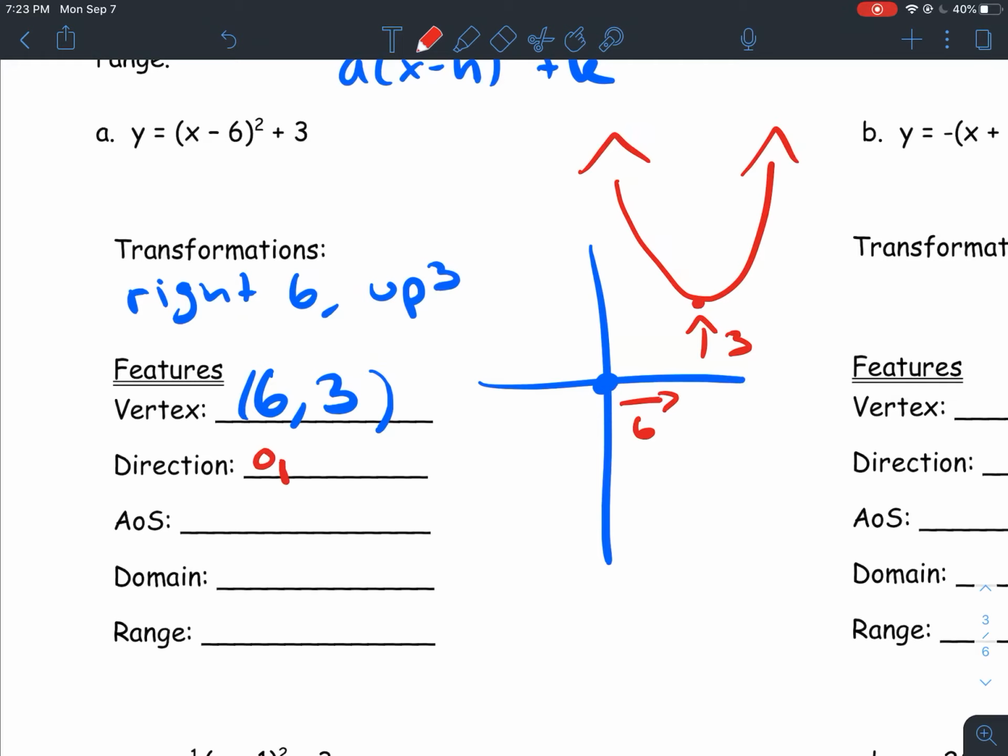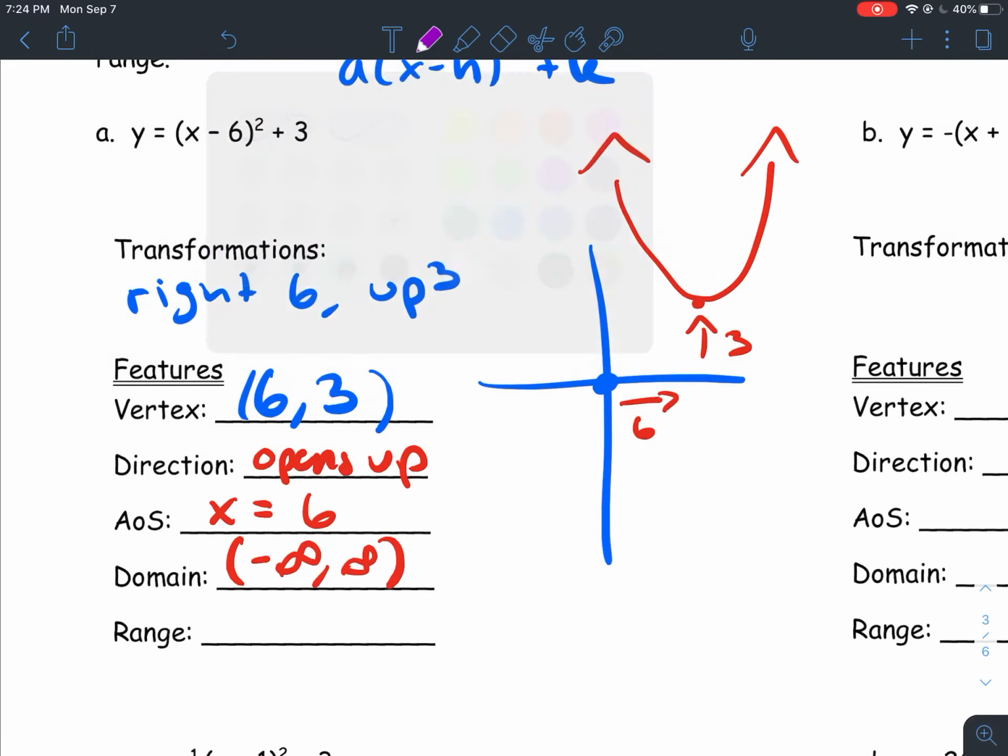All right, now they want to know what direction it opens. Well, it opens up. Then they ask for the axis of symmetry. So to reiterate, the axis of symmetry is always x equals, and then the x value of your vertex. So it'd be x equals 6. Next, they ask for the domain. The domain for all parabolas should be negative infinity to positive infinity. That's not going to change because you can plug in any value into a parabola.